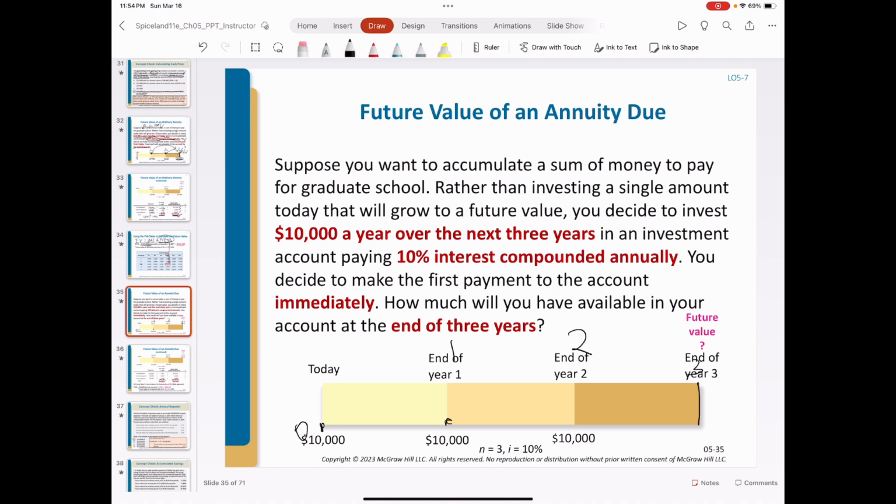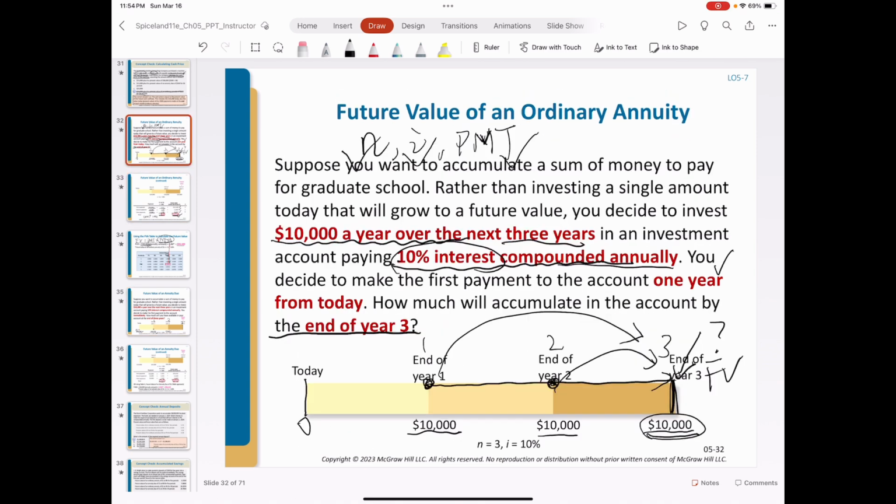We're going to calculate the future value of these cash flows. Comparing to this slide, we find for annuity due, the cash flow is just one period earlier than the same ordinary annuity.